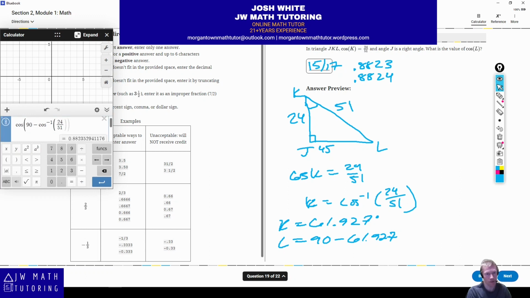So right here is how you get the exact value that we had with 15 divided by 17. So just keep that in mind, although as long as you go out to at least 3 or 4 decimal places, it should be close enough that it will be an acceptable answer.